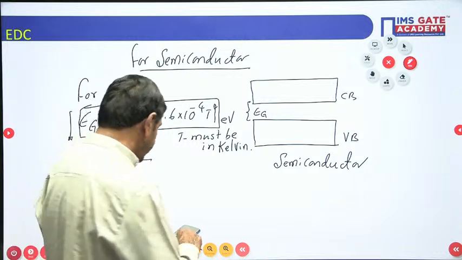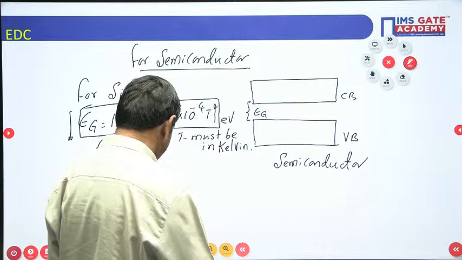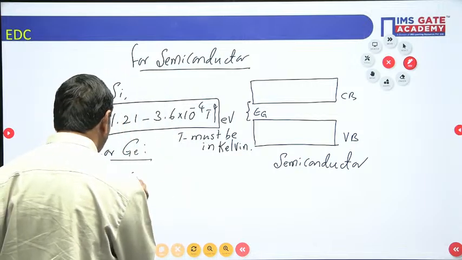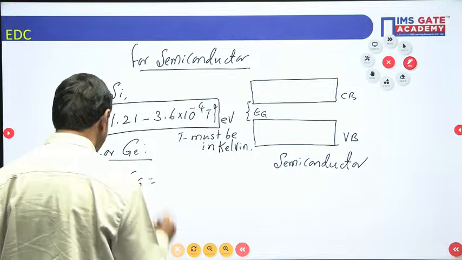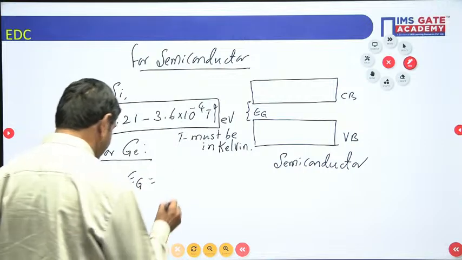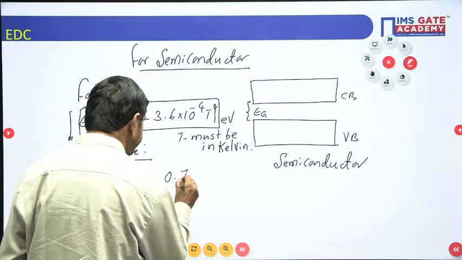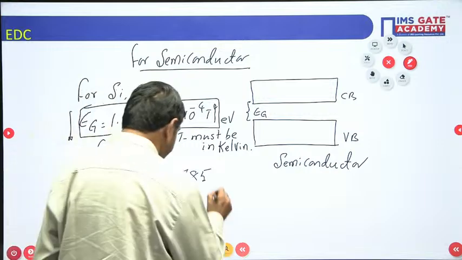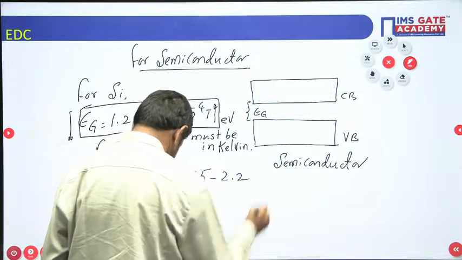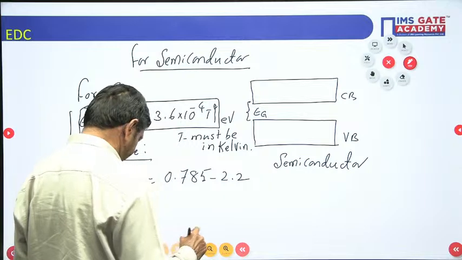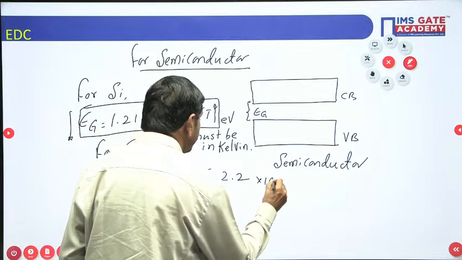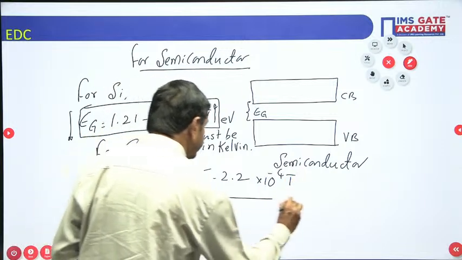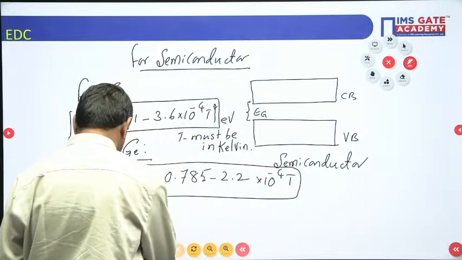For germanium, you can use this formula. The forbidden energy gap is calculated by 0.785 minus 2.2 into 10 power minus 4 into T. You must use this formula.